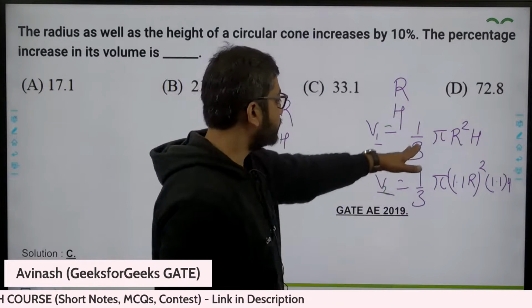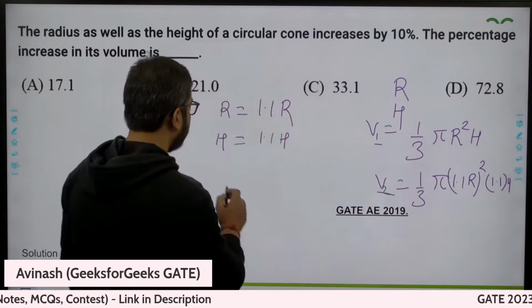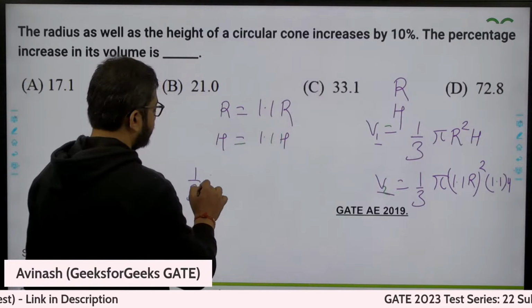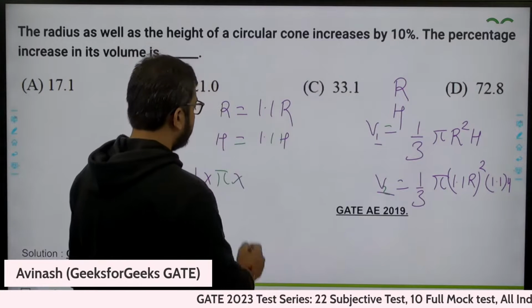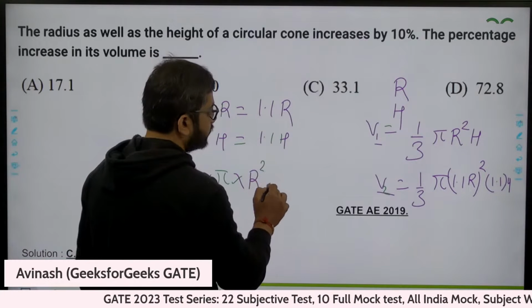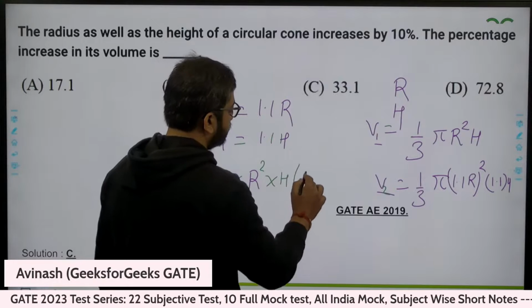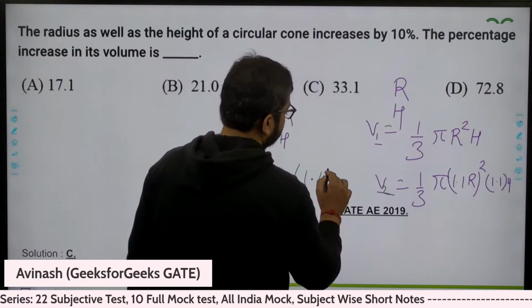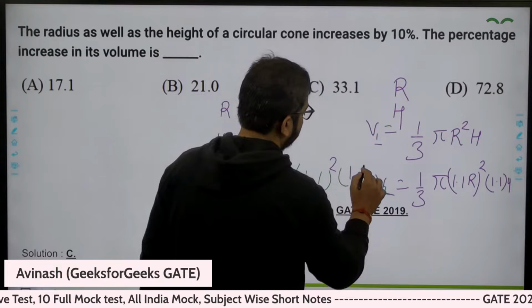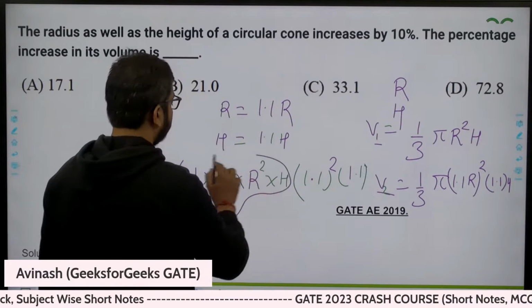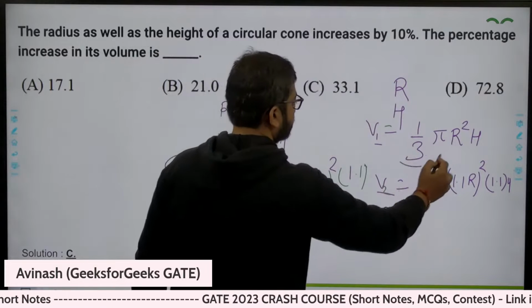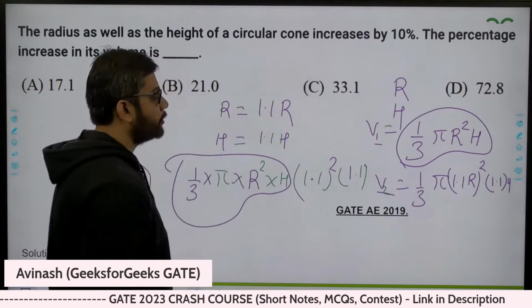Initial is 1 by 3 pi r square h, and the new one is 1 by 3 pi r square h into 1.1 square into 1.1. This is the same as this. Only you have to solve 1.1 cube.